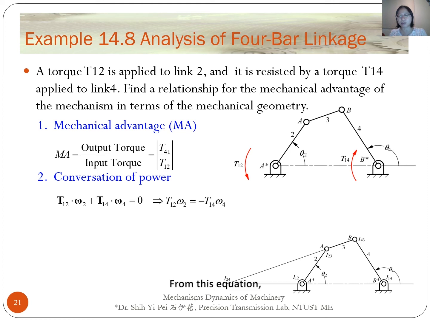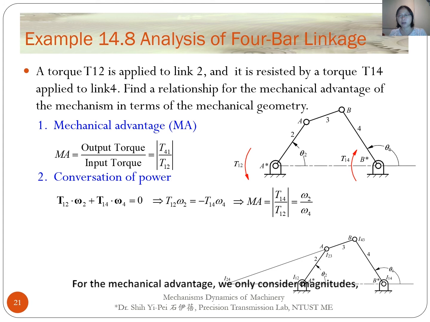From this equation, if T12 and omega 2 are in the same direction, then T14 and omega 4 must be in opposite directions. For the mechanical advantage, we only consider magnitude. MA is equal to omega 2 divided by omega 4.